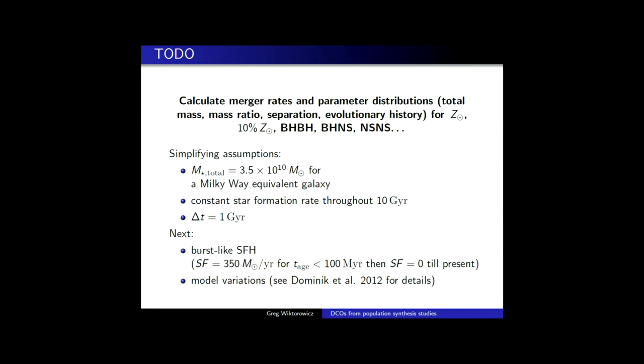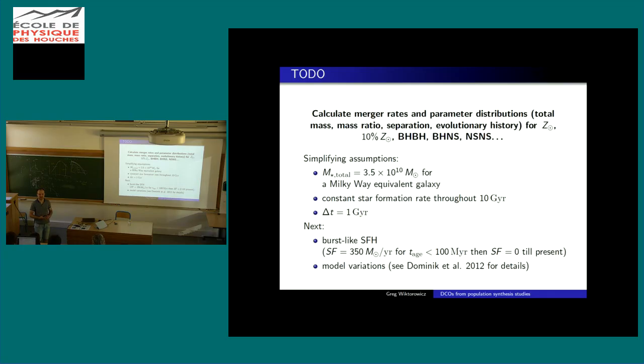So, probably the questions will appear now, because what we would like you to do with Chris is to calculate merger rates and parameter distributions like total mass, mass ratio, separation, evolutionary history for these models which were computed with the population synthesis code StarTrack, and just see how these parameters and merger rates depend on these values.